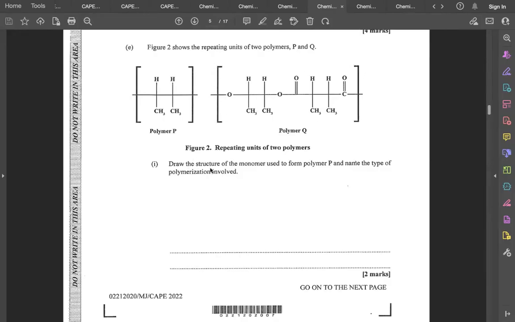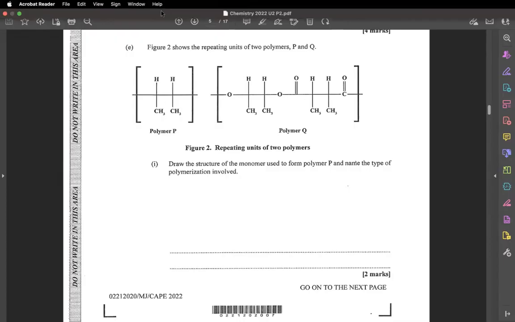And I want you guys to draw the structure of the monomer used to form polymer P. So I'm going to give Desiree, come up with the monomer that formed this. And then Hubert, I want you to come up with the monomers. I'm giving you a hint, the monomers that formed Q. Okay? Is that okay with you guys?